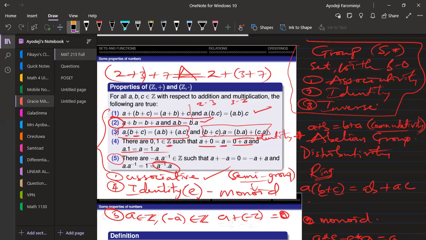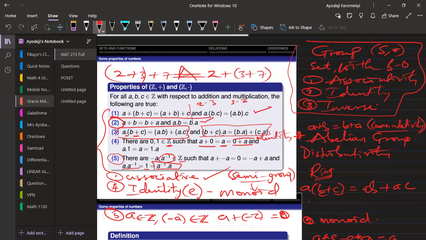The statement is not true because it says there is A inverse in Z such that A times A inverse is equal to 1. This is only true for when A is 1.